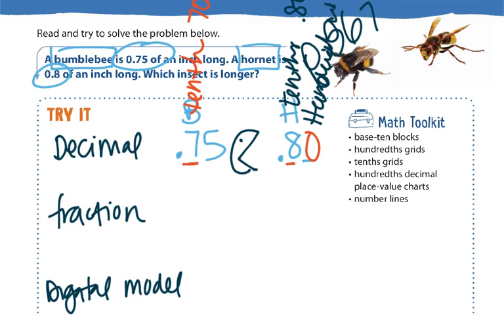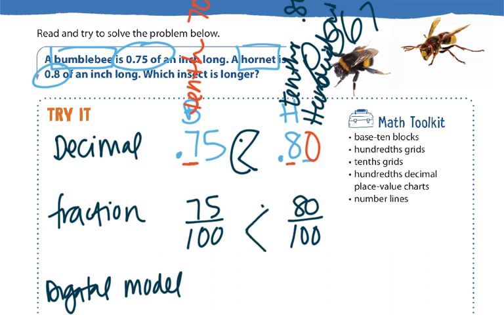Hundredths. Thumbs up. If you said the word hundredths, I know that the fraction form has to be over top of 100. If the decimals match, I don't really care because once they match, I can just look at the numerator. Jocelyn, is 80 more than 75? Put it this direction. Draw your Pac-Man.